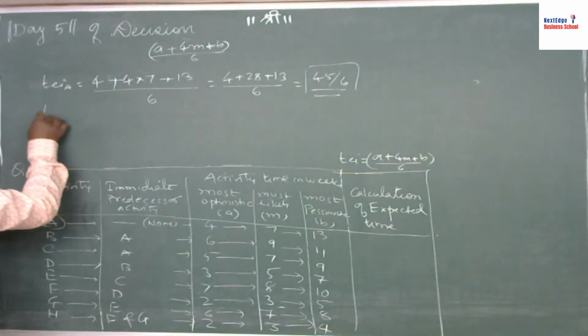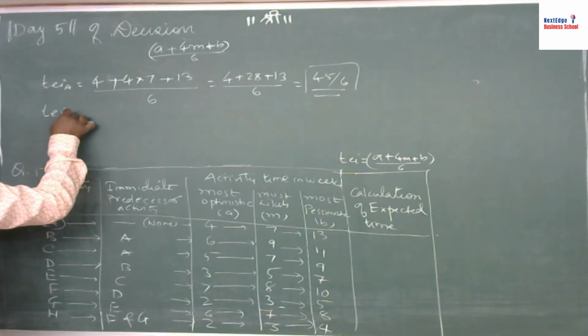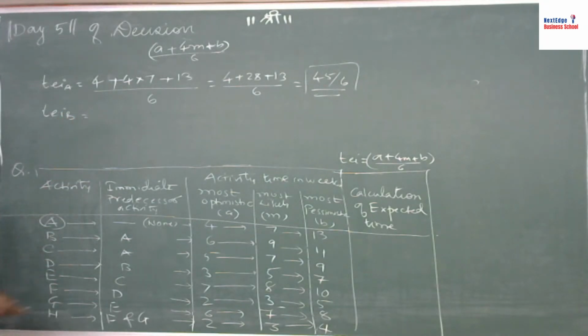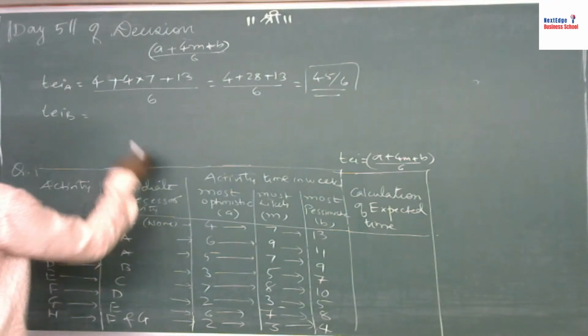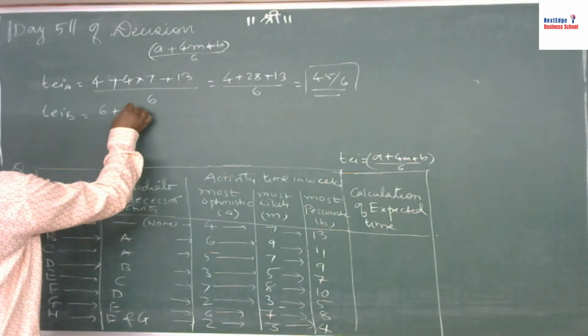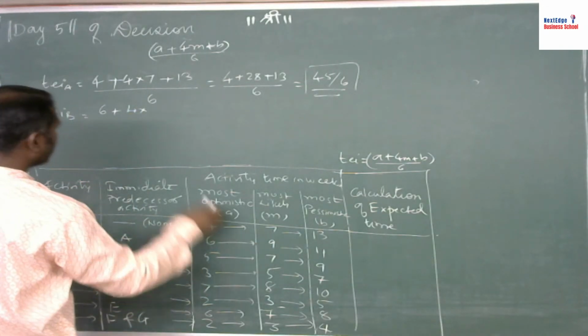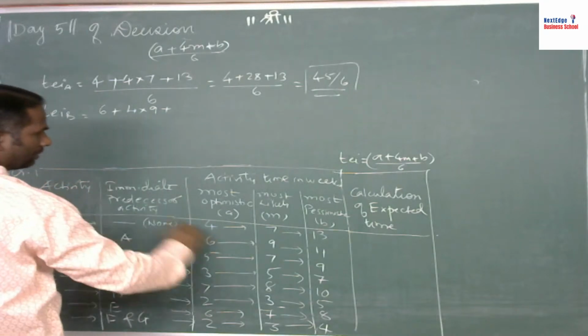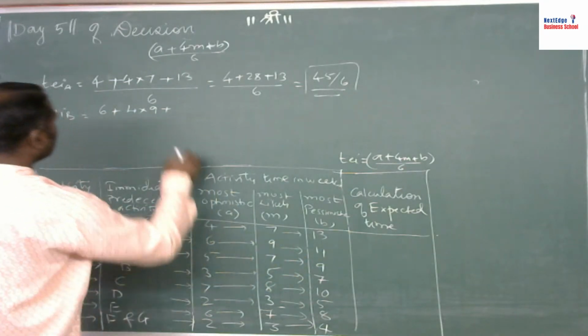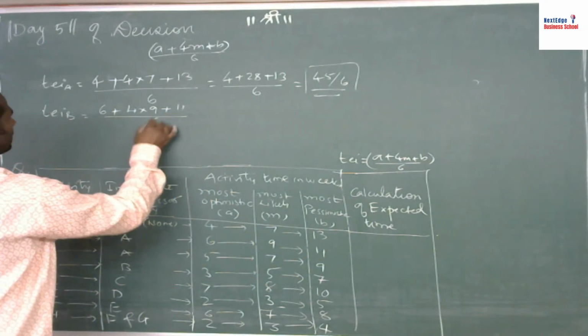It means for TE of B, I'll try for you all. What is the value of a here? It is 6. So 6 plus 4 into m, where m is 9 here, plus b is 11, upon 6.